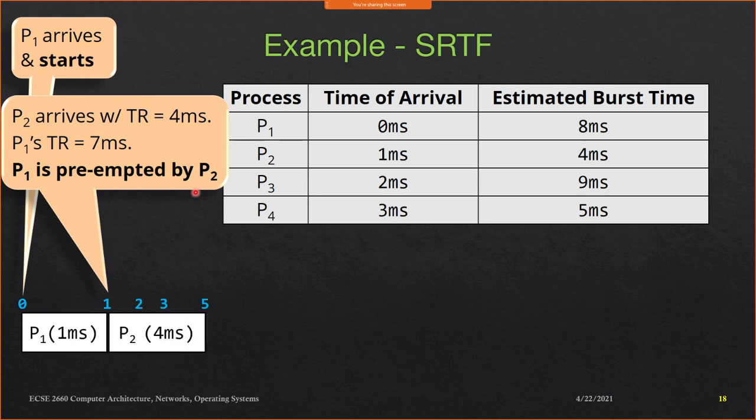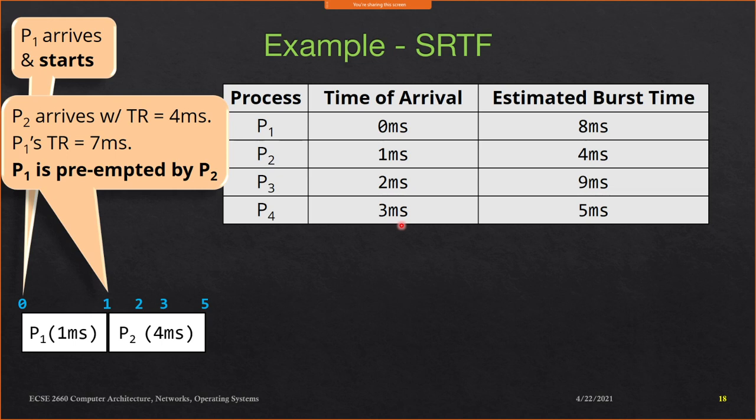Why is that? P3 came in, compared to P2. P4 came in, but had 5 milliseconds as its burst time, still longer than P2's remaining, right?